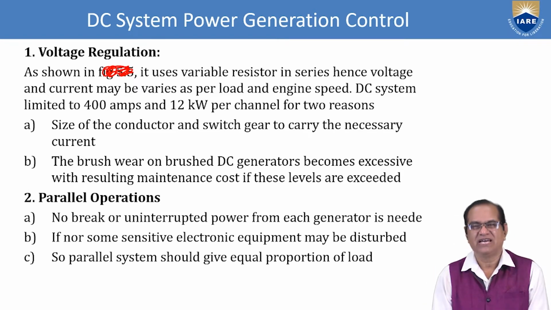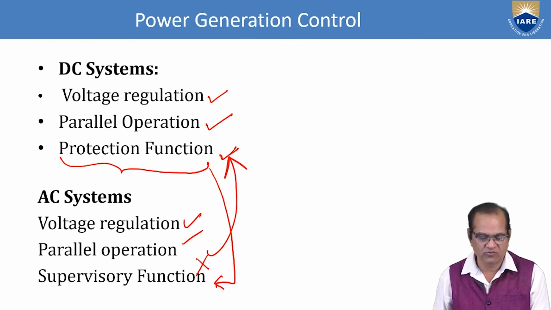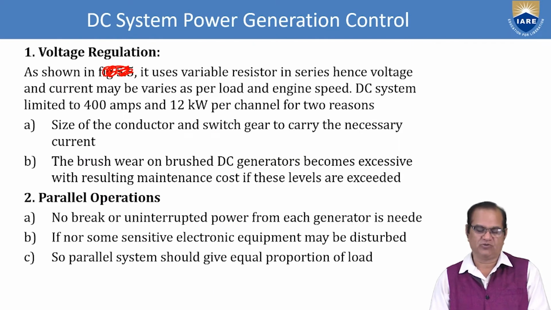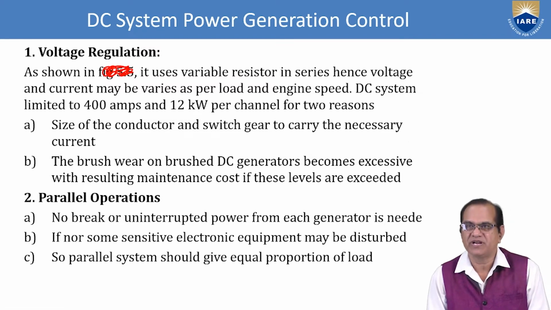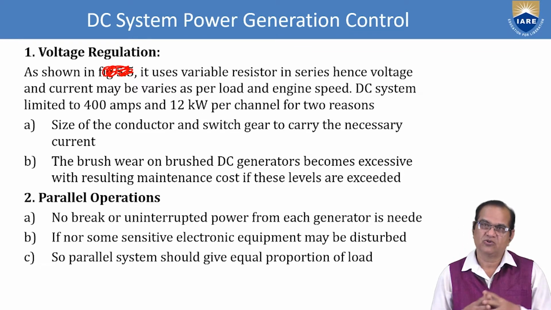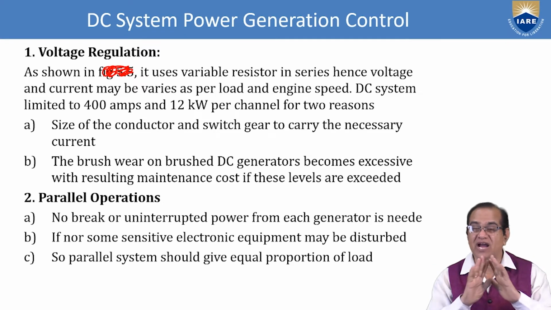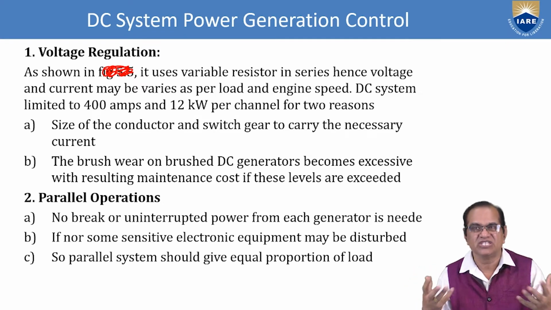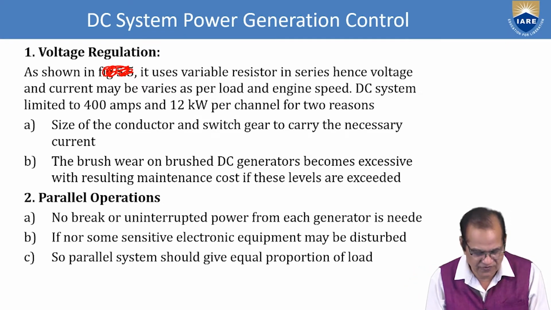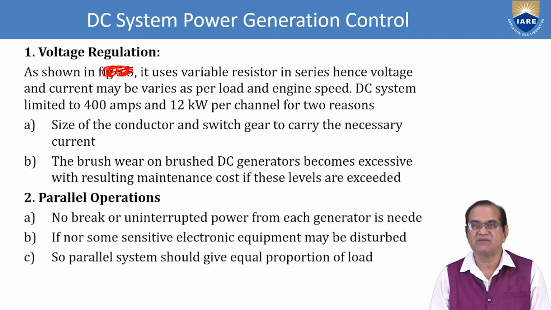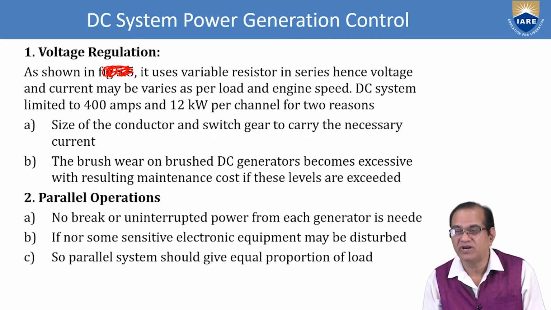So that is voltage regulation, how we are doing it. The second is the parallel operation. So how do we do the parallel operation? Uninterrupted power from each generator is needed. If there is a break in one generator, it has to give to another. If another one fails, it gives to another. It means power should be uninterrupted, otherwise your system will stop working. Some sensitive electronic equipment may be disturbed.